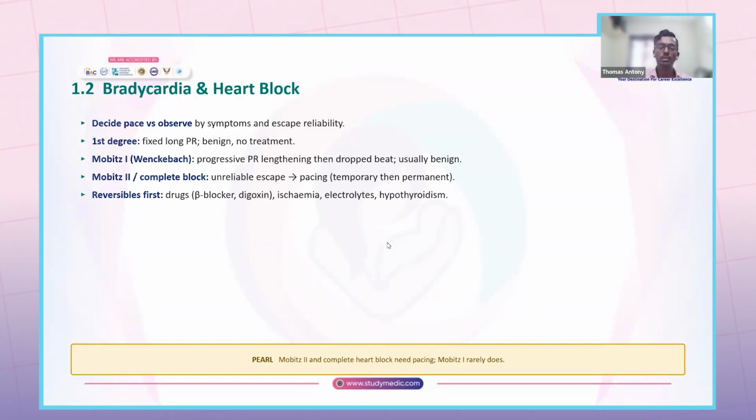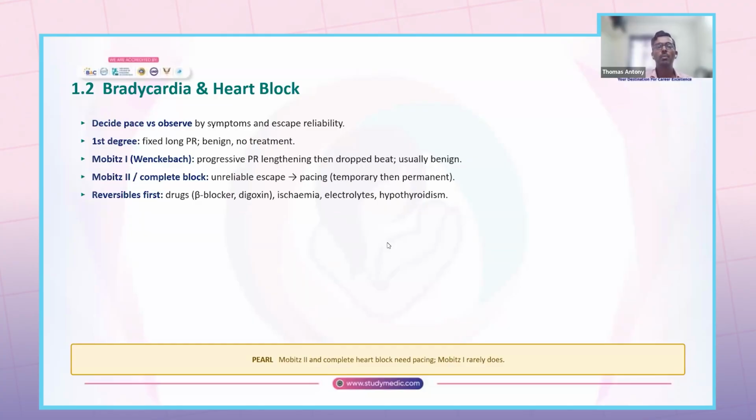I will be showing you the ECG changes later. This is an unreliable escape, so in such cases we might have to go for pacing, initially temporary and then permanent pacing. Reversibles first.